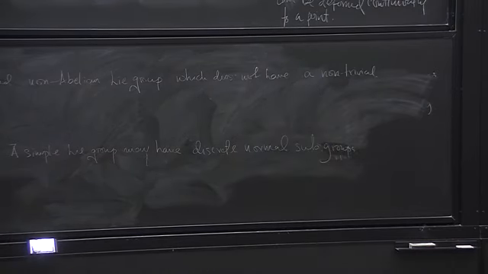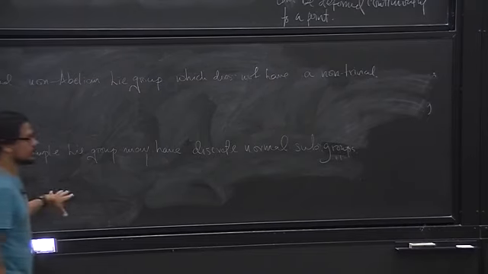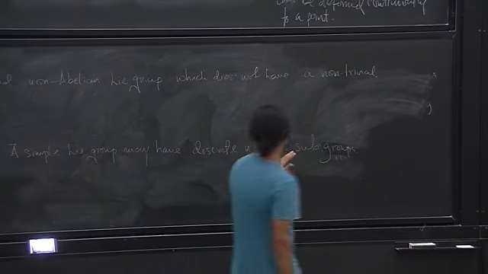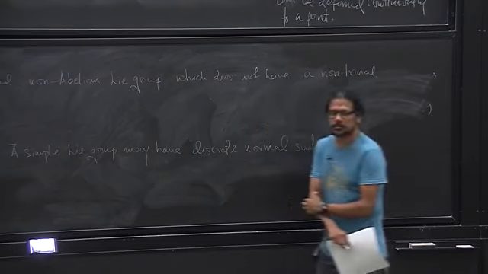So that's why we defined a simple group before for the discrete case, but we have to define the simple Lie group separately, because you can have a normal subgroup of a simple Lie group as long as it's a discrete normal subgroup.